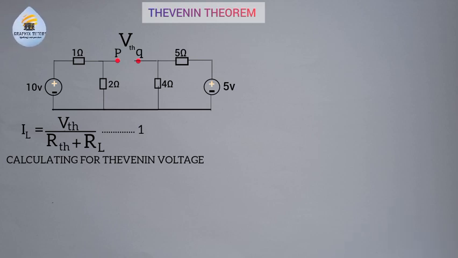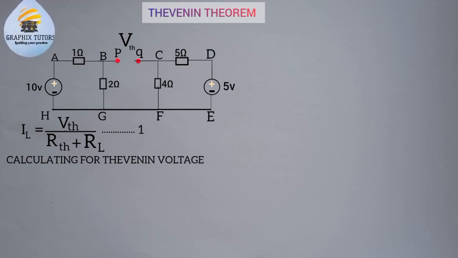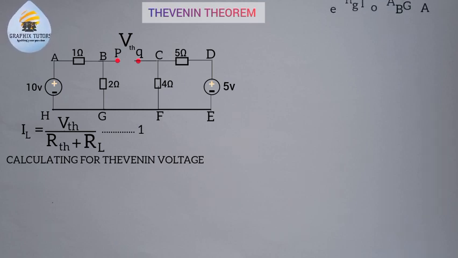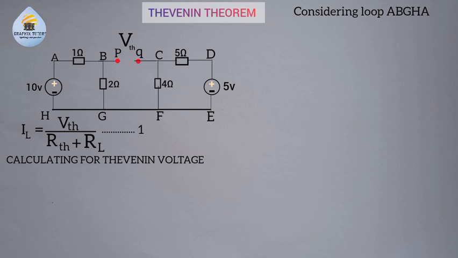Now, if I name my meshes or loops A, B, C, D, E, F, G, and H, I will consider loop A, B, G, and H. So let me draw that out. I've drawn it out.